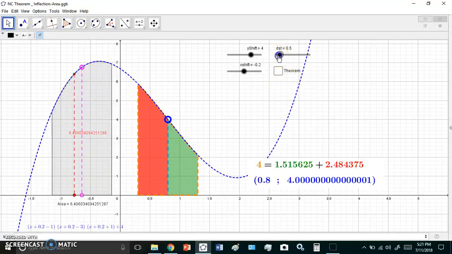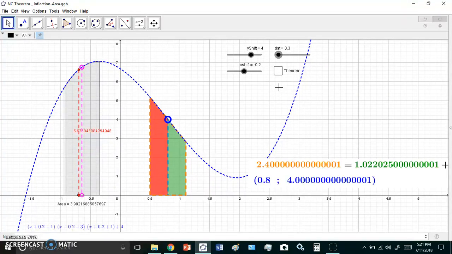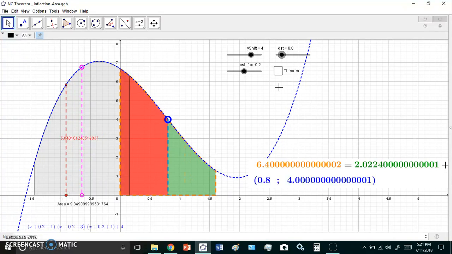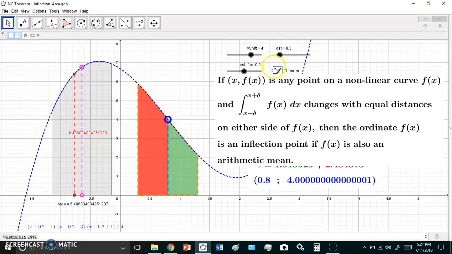It's always an arithmetic mean, and because it is an arithmetic mean and the distances keep the same arithmetic mean for the area, regardless of how they are expanded or contracted on either side of the blue point, it follows that this point here is an inflection point also. That is what the theorem says.